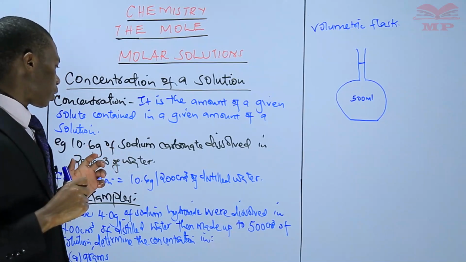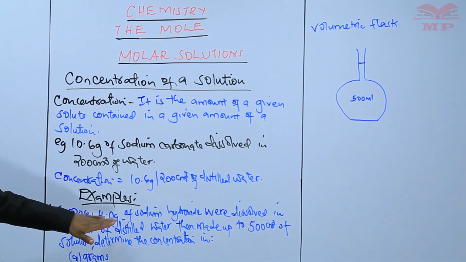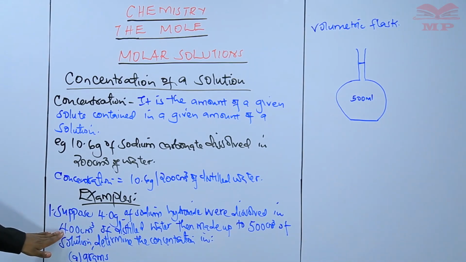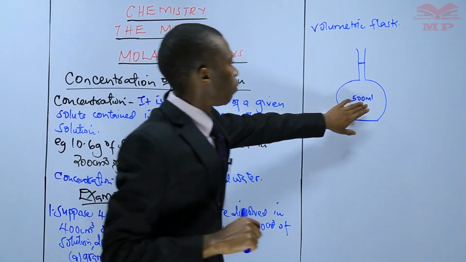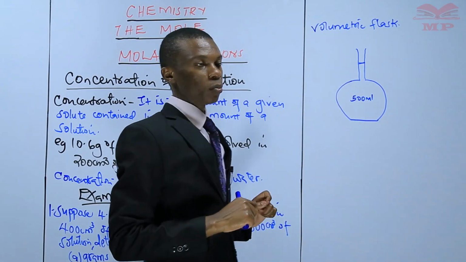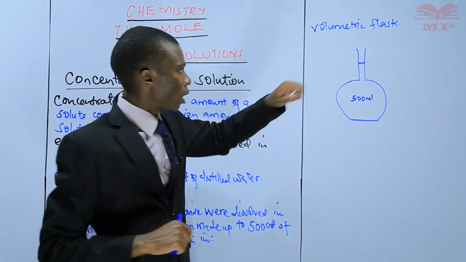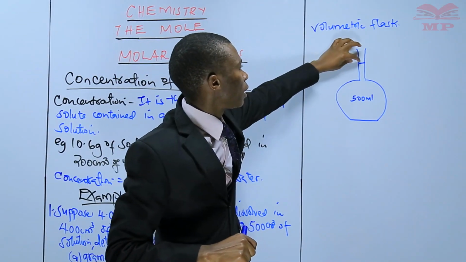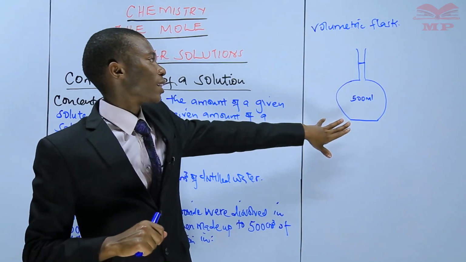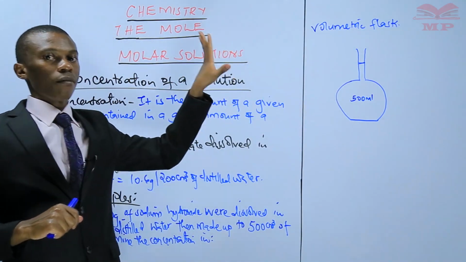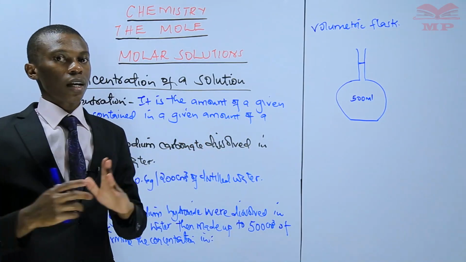If you have dissolved 4 grams of sodium hydroxide in this volume, you transfer the solution into this volumetric flask and top up with distilled water to this mark, because at this point the volume of the flask is exactly 500 ml or 500 centimeters cubed.